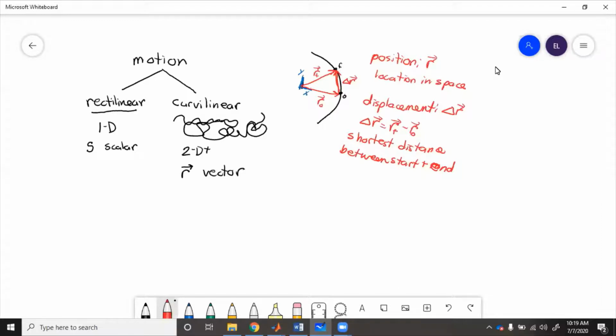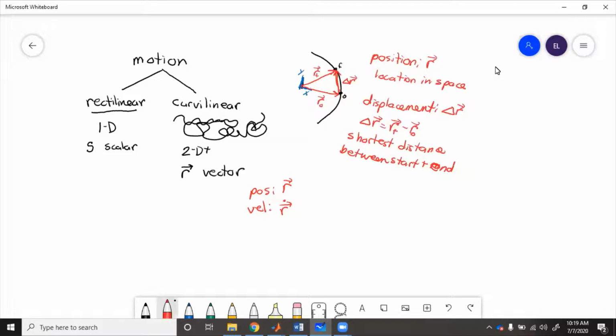So now that we have position, then we can get velocity. And we know that we have r for position. Then velocity is r dot.